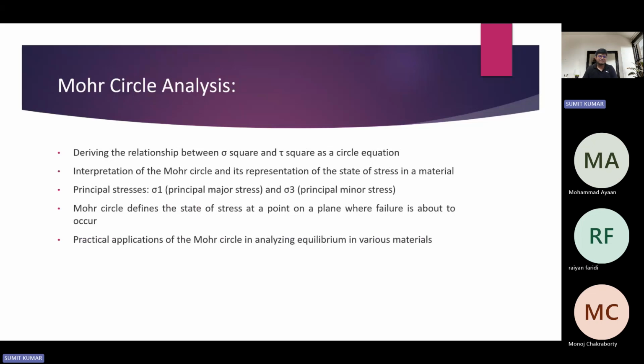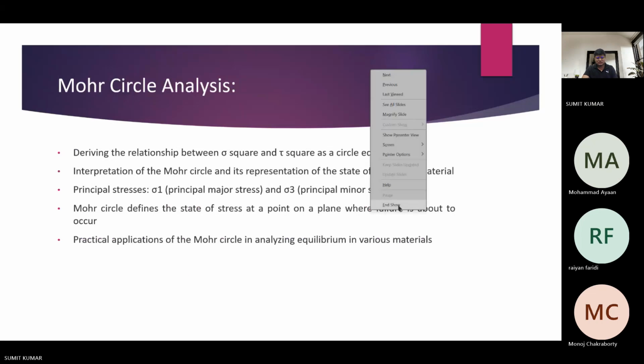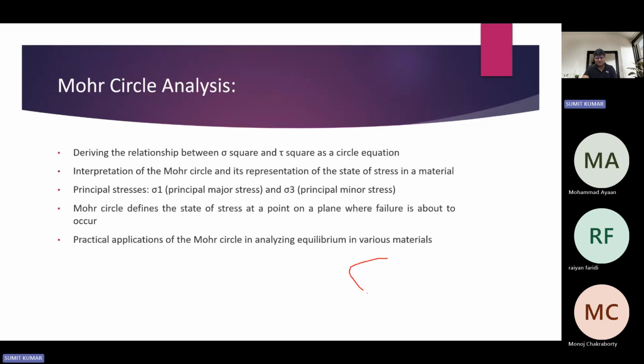If you remember, earlier there is a picture in which a circle is drawn like this. The vertical axis is like that, horizontal axis is like that, and over here the sigma 1 and over here the sigma 3 is mentioned, if you remember.